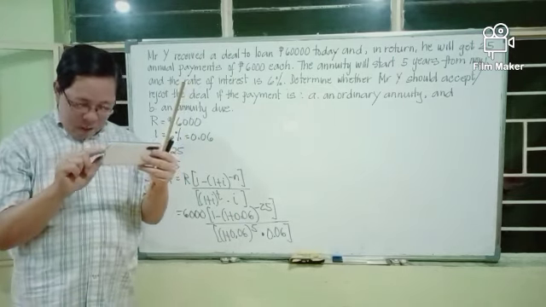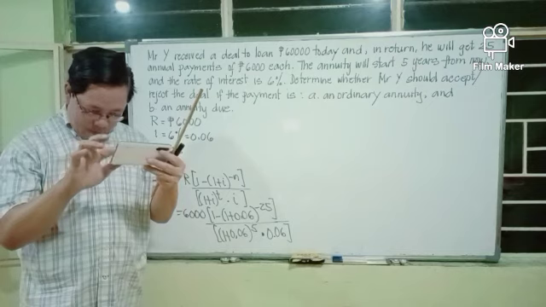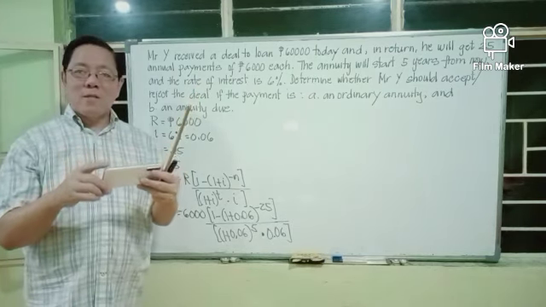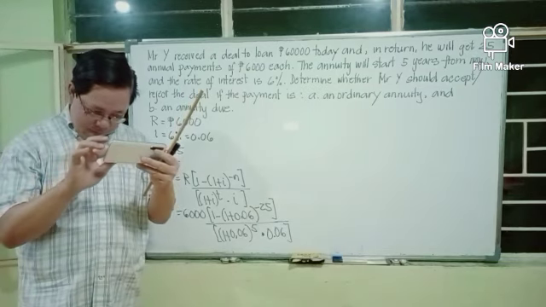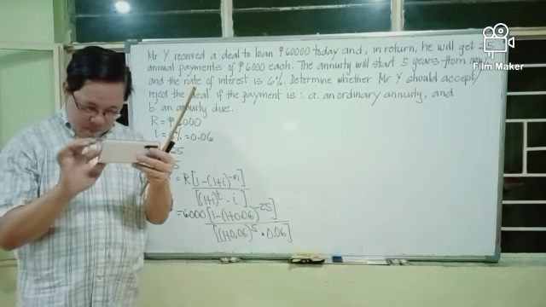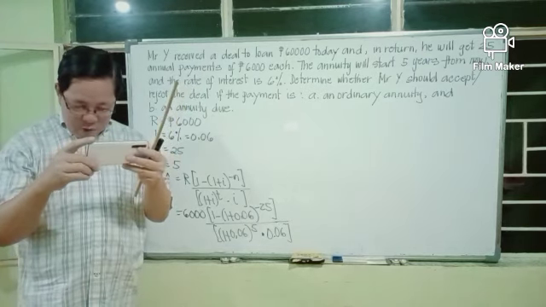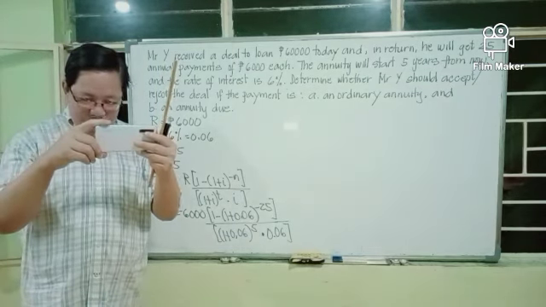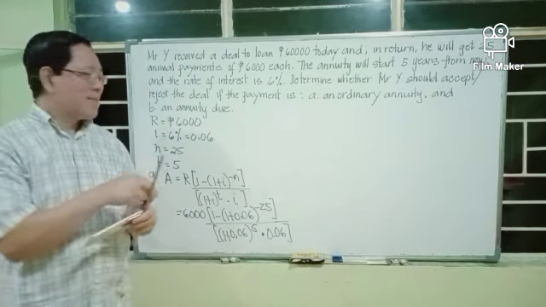Press equals and the result in your calculator divide by 0.06. Press equals again and the result in your calculator divide by 1.06 to the power 5. And you should get, to 2 decimal places, 57,314.80 pesos.